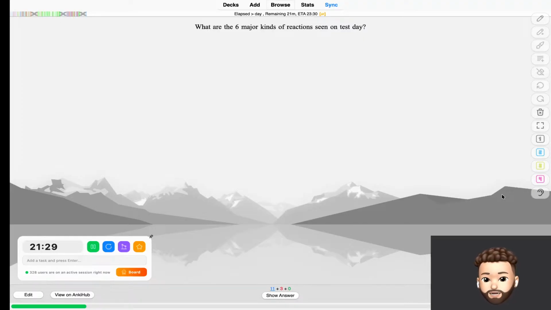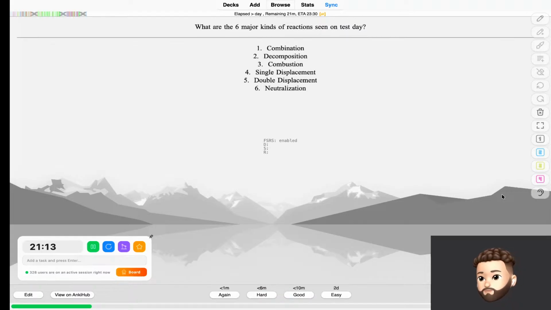I think when I was removing cards, I also gained some familiarity. So synthesis, decomposition, neutralization, there's single and double replacement, and combustion. There you go. Oh, it's called a combination, not synthesis.